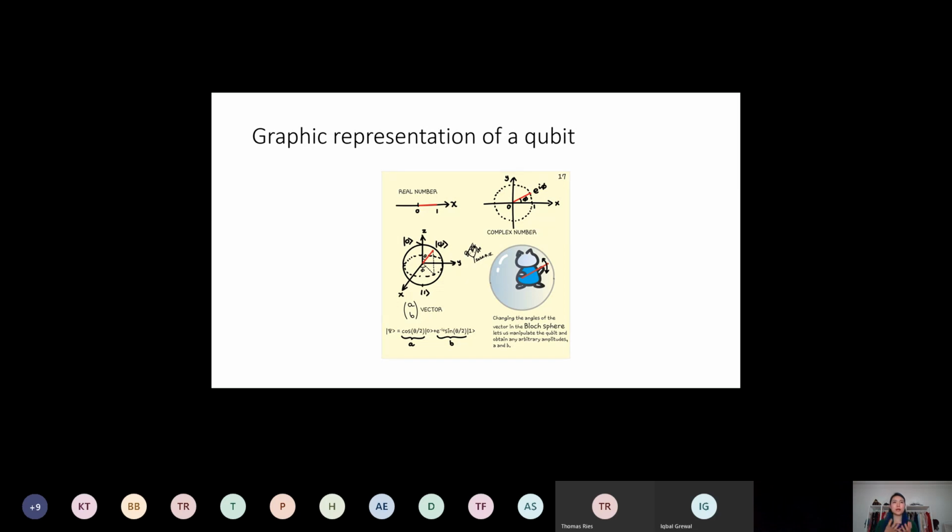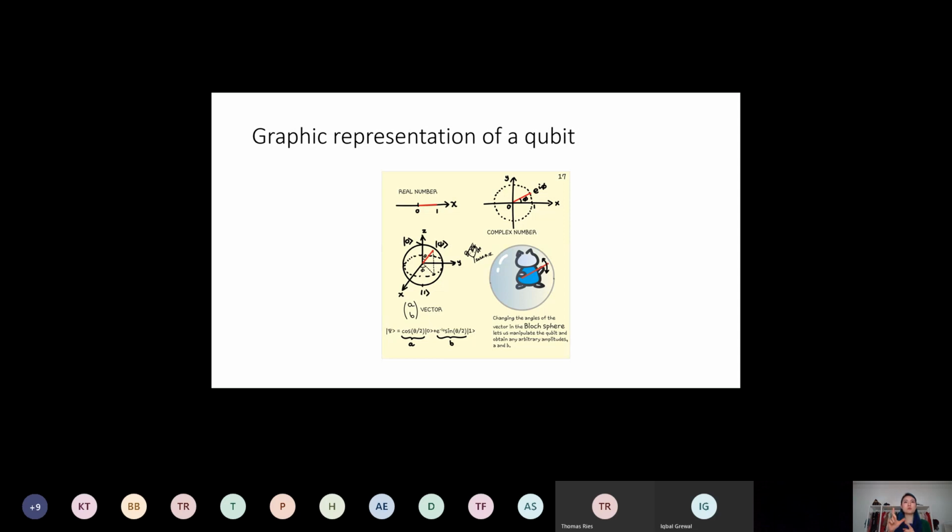Now, when we have a vector, we can represent it also mathematically, including the direction this vector is pointing to. So overall, it looks like a sphere. And anywhere on this sphere, you can have a point that tells you the direction and the length, and it describes this vector A and B. So here, in terms of qubits, we know a squared plus b squared is 1, and the length is fixed.